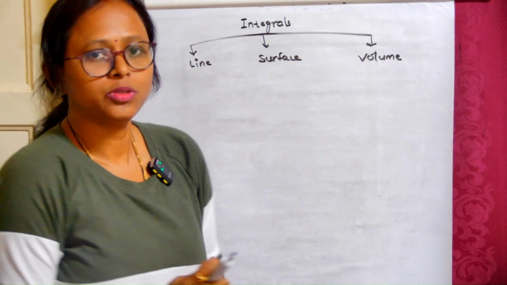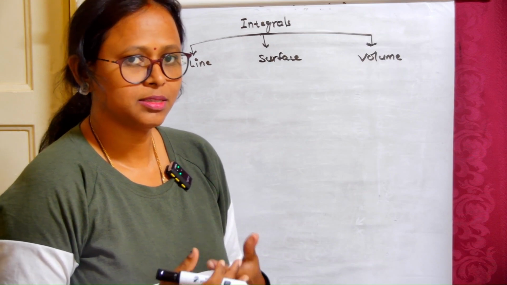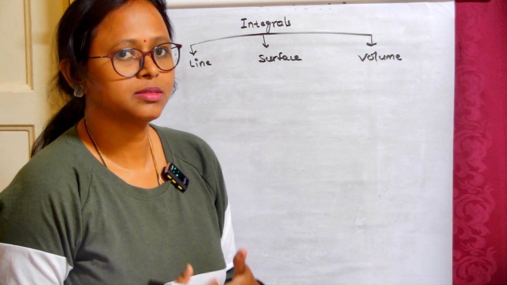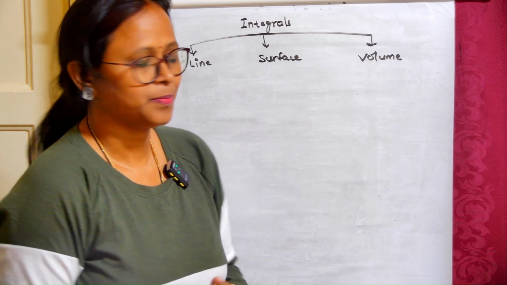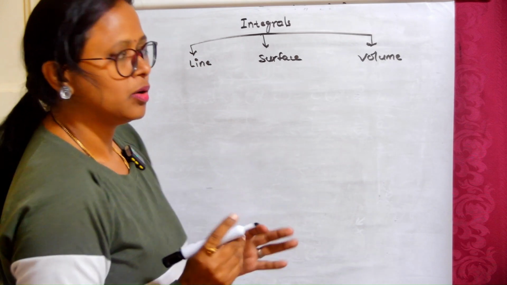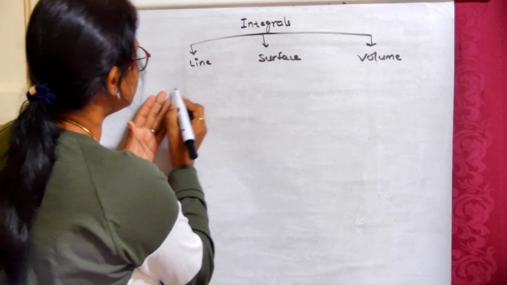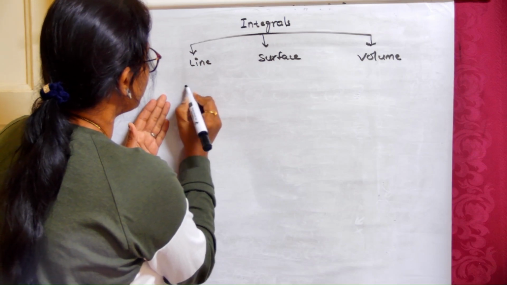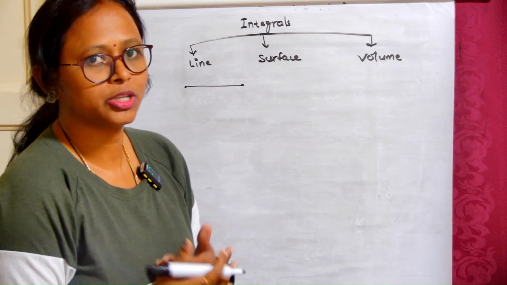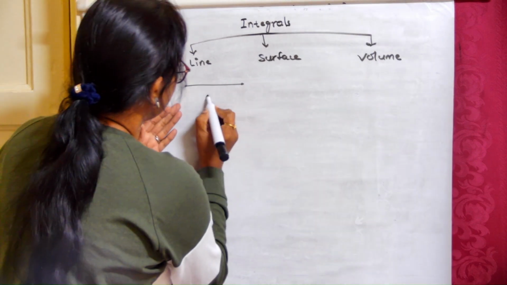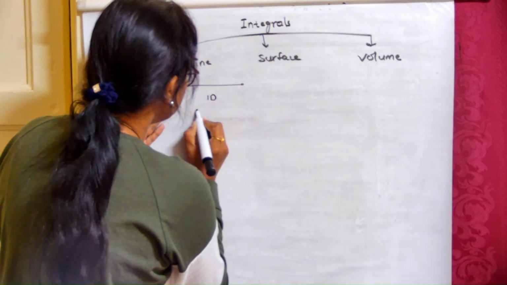So now, without going into much deeper details about these integrals, let us just have an overlook which is sufficient to understand the concepts in electrodynamics. One thing we have to understand is that line integrals are useful when we are considering a one-dimensional system like a line, which we usually call a path.